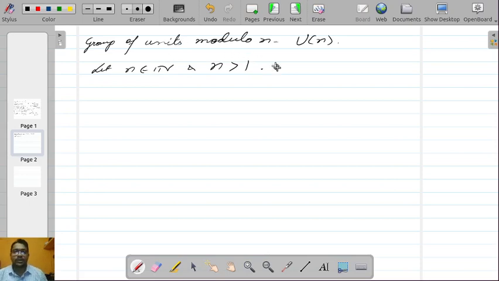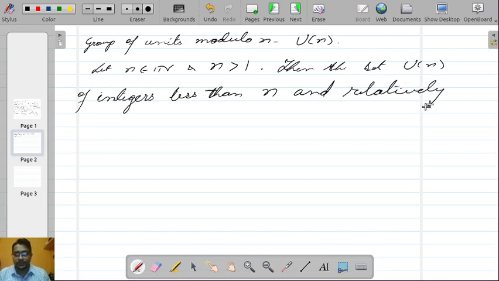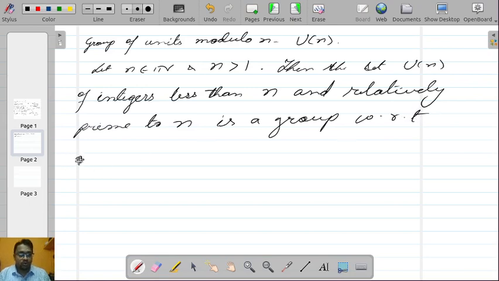Then the set U_n of integers less than n, strictly less than n, and relatively prime to n, is a group with respect to multiplication modulo n.